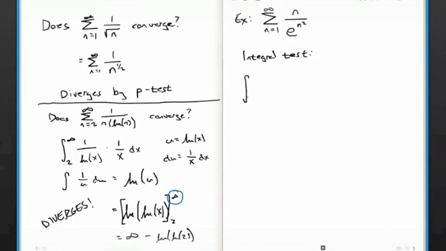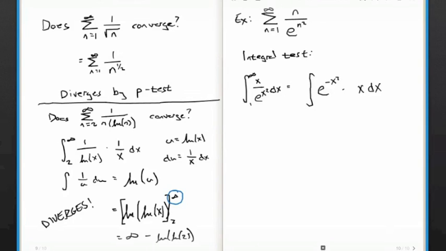So I'm going to take the integral of x over e to the x squared, going from 1 to infinity, times dx. I'm going to rewrite this in a way that looks a little more familiar to us, as the integral of e to the negative x squared times x dx.